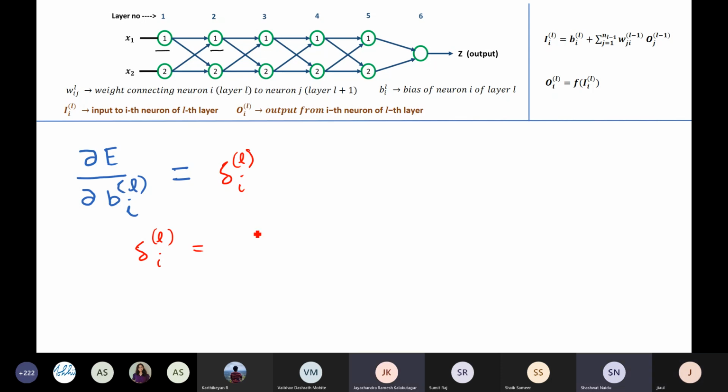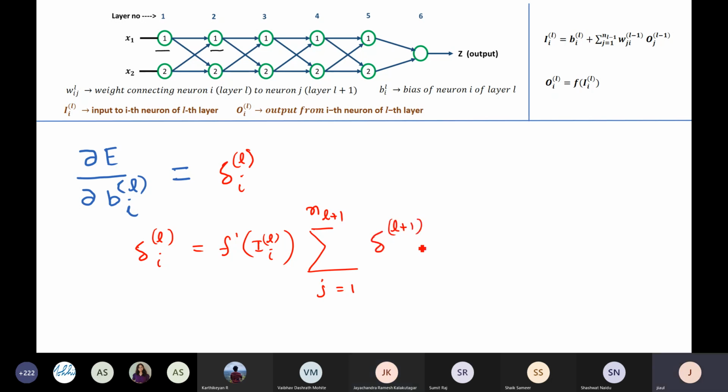It is f dash of I L i, and then summation of j varying from 1 to n of L plus 1, delta L plus 1 j into W L of i j.